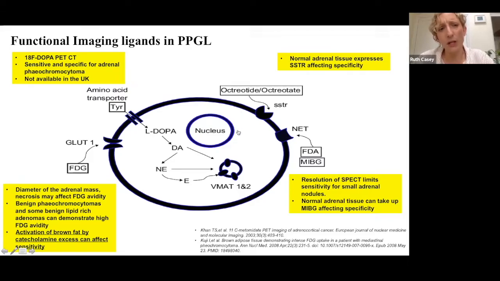In fact, probably the most useful molecular imaging modality for looking for small pheochromocytomas is 18F-DOPA PET-CT. And that's because the amino acid transporter is not expressed on normal adrenal tissue. So this tracer could actually be quite helpful for localizing small adrenal pheochromocytomas. Fortunately, it's not routinely available in clinical practice in the UK, but is used quite frequently in the US.